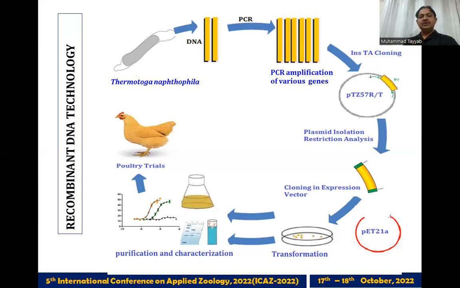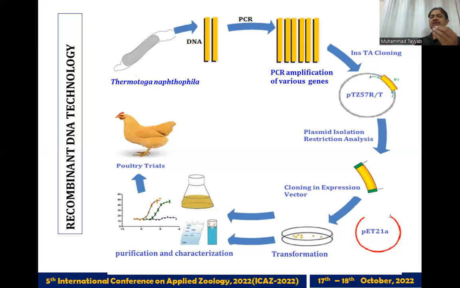Once we have the genomic DNA, we can utilize it for the amplification of the gene of interest by the polymerase chain reaction. Then once we have the amplified PCR product, we can utilize these products. For example, we need phytase, cellulase, xylanase, and protease.